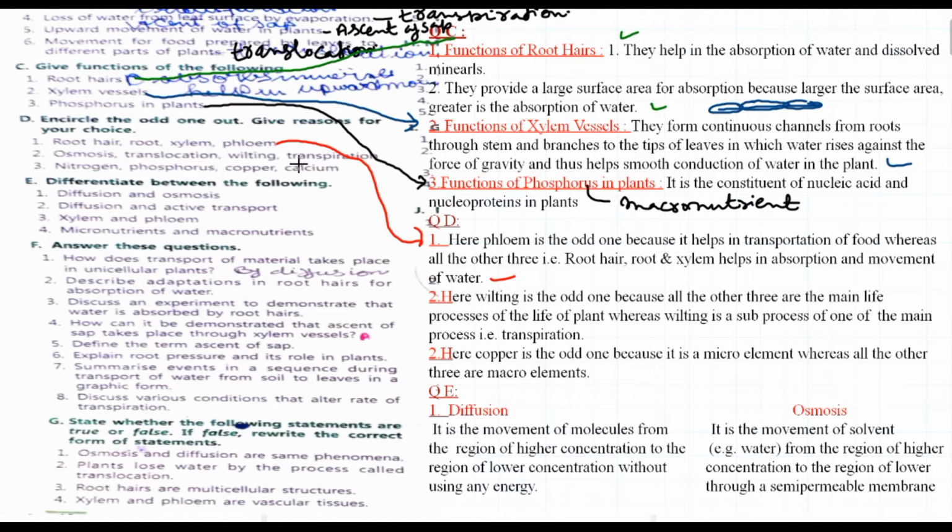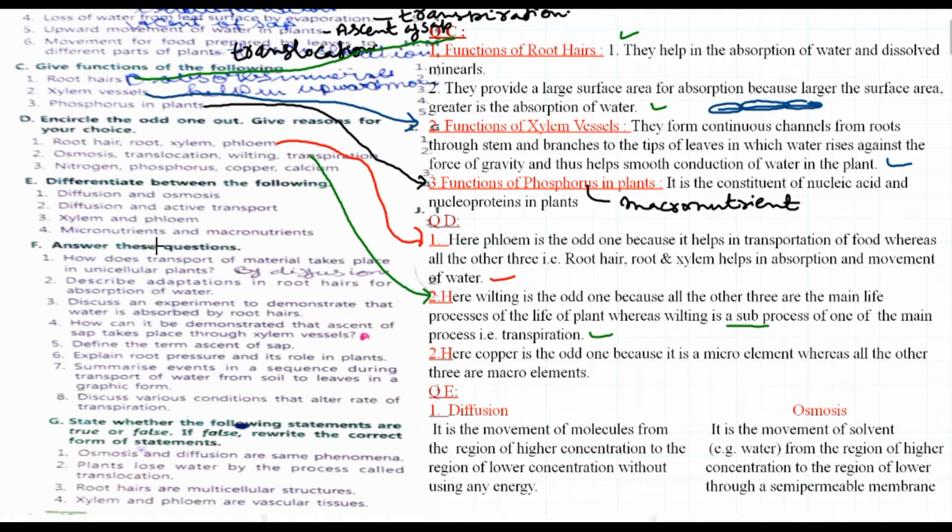Now part second: osmosis, translocation, wilting and transpiration. Here wilting is the odd one because all the other three are main life processes, whereas wilting is a sub process of one of the main processes, that is transpiration.